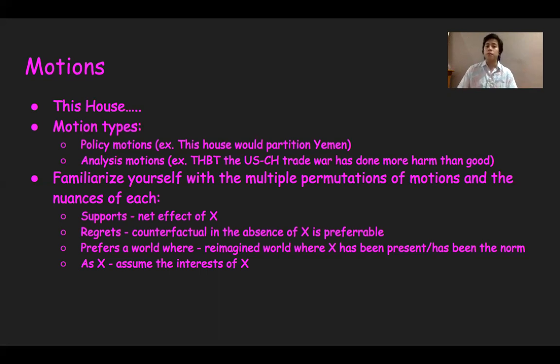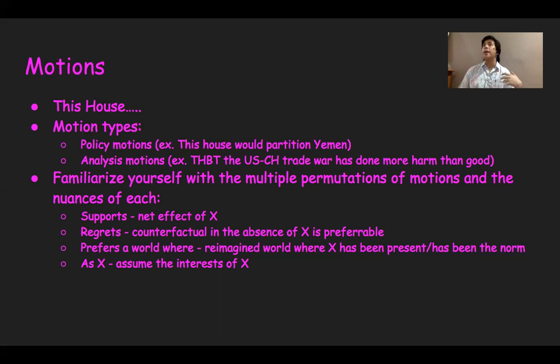So, for example, if you want to make an argument in "this house as Donald Trump would cease the trade war with China," you might say that the trade war has had massive impacts on the US economy and the global economy, and it is harmful to all the individuals who participate in that economy, and therefore we should stop it. The nuancing would be very different if Trump was the assumed house, right?